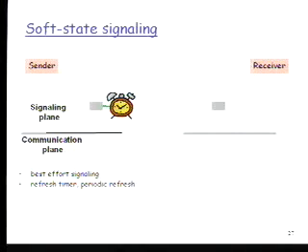When this timer expires, in the soft state mechanism, the sender is going to resend this state across the network to the receiver. So every time the timer expires, the state is refreshed at the receiver.